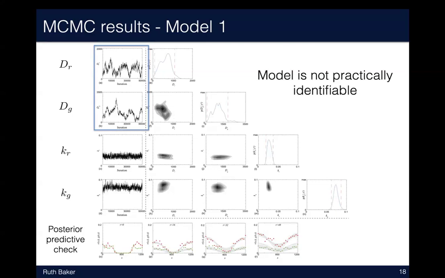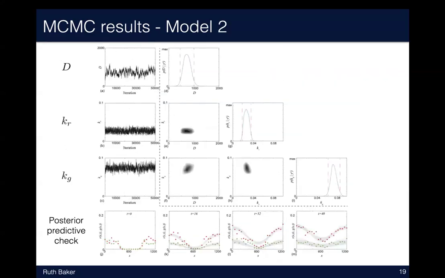On the other hand, if I look at that second model where I basically just said that there's just one diffusion coefficient that's common to both of the populations, you can see that I retain this really good identifiability of both the rate parameters. I can estimate them really quite confidently. But I can also now get a really confident estimate of the diffusion coefficient as well.